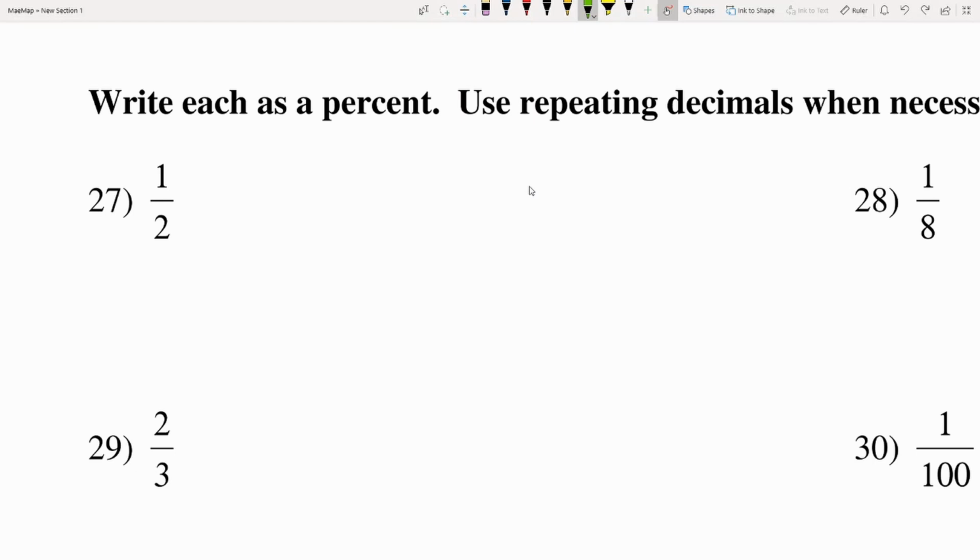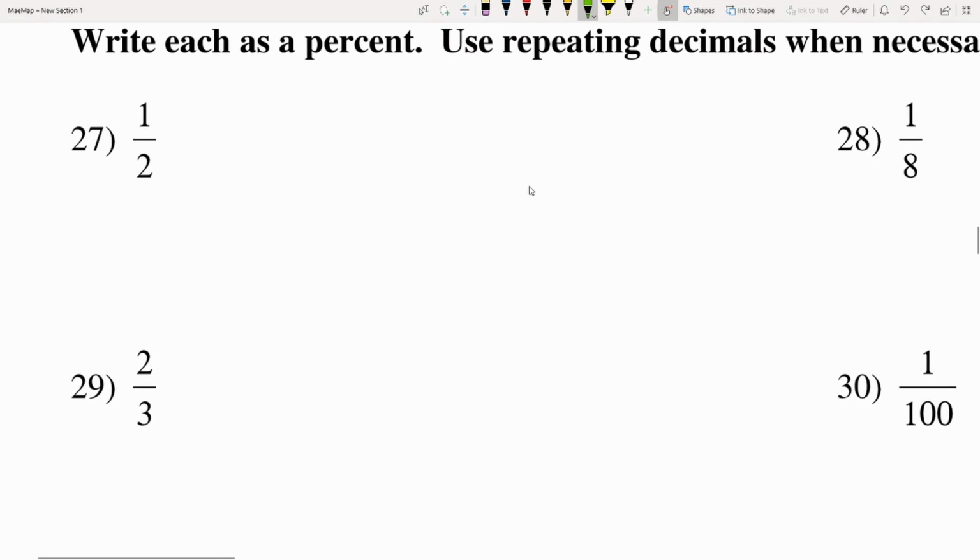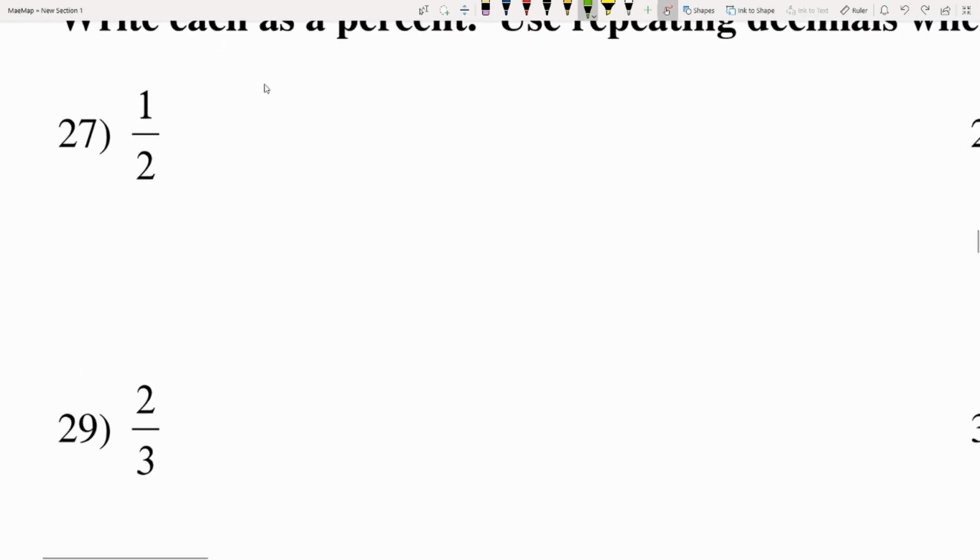So what I want to do is try to create these to be over 10 or 100, as opposed to over some random denominator. So for example, in number 27, we have this as over 2. I want to make this either over 10 or over 100, because once I have that, I'd be able to write it as a decimal and convert to a percent from there.